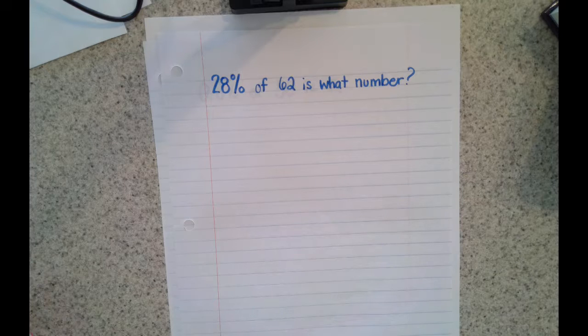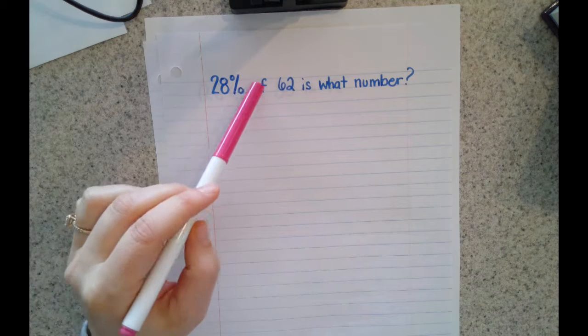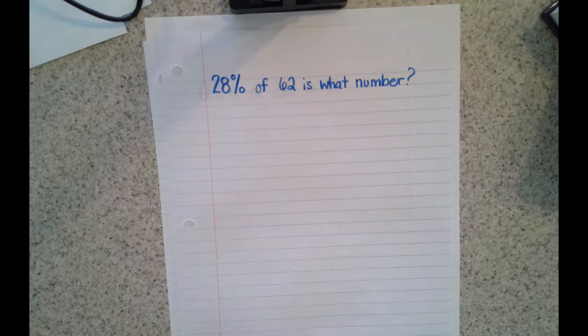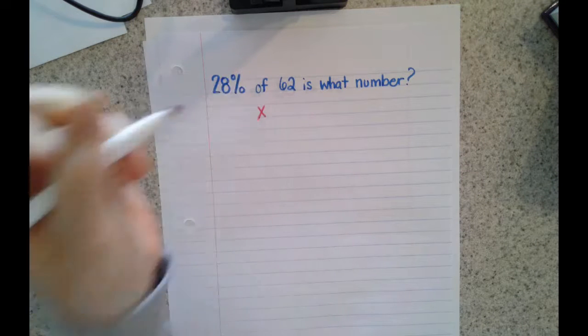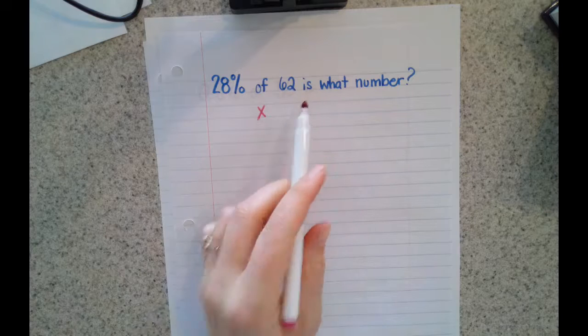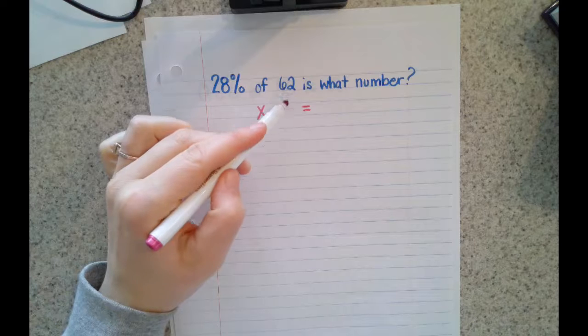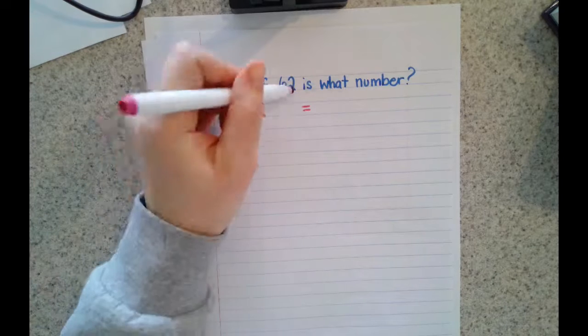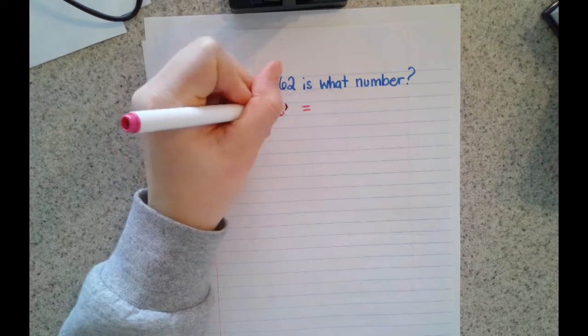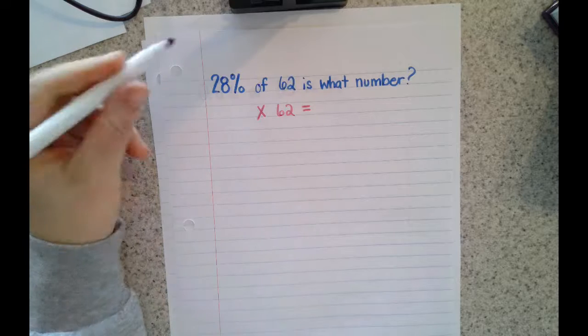Now, to solve this problem, remember that of in math typically means multiply. Is typically means equals. And then we can just drop these numbers straight down. 62 drops down between the multiplication and equal sign.